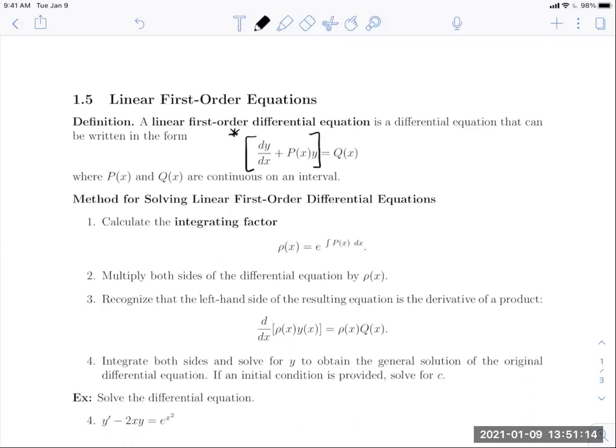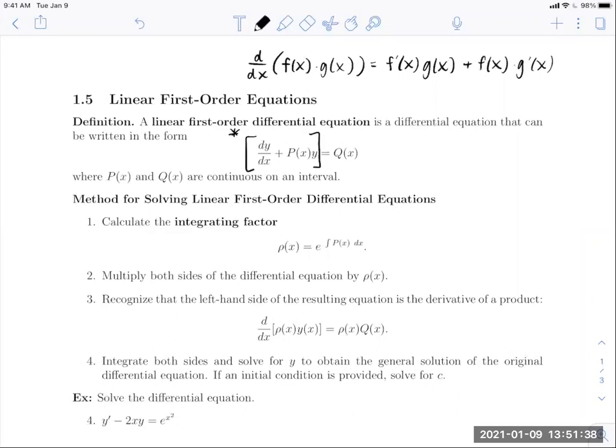If you think back to the product rule, I'll write it up in the margin. The product rule says that if we take the derivative of a product of two functions, which I'll call f of x and g of x, then it outputs f prime of x times g of x, plus f of x times g prime of x.